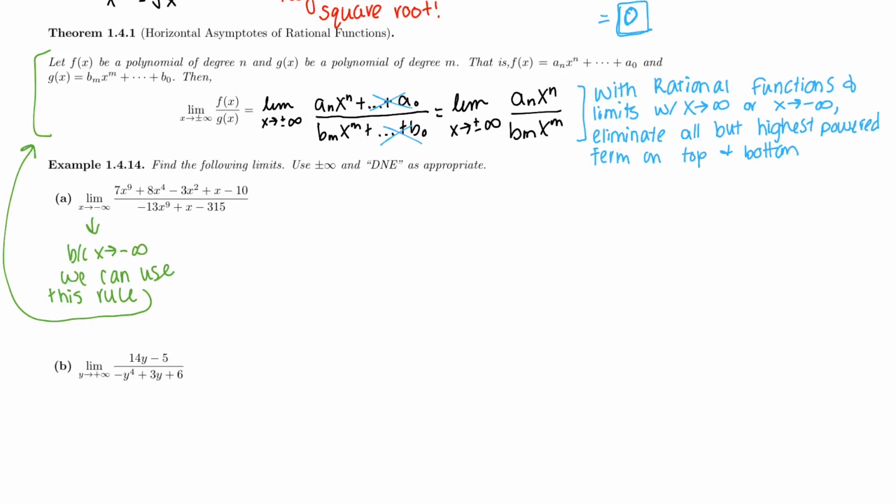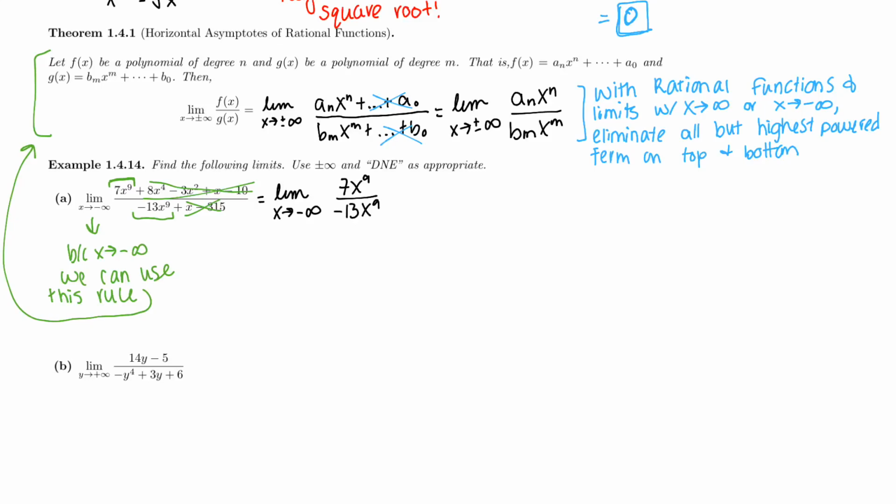So I can basically say, I don't need any of that because the highest term is this one on top. On the bottom, negative 3x to the ninth is the highest term. So I have the limit as x approaches negative infinity of 7x to the ninth over negative 13x to the ninth. And you might be saying, okay, well now I can plug infinity in.